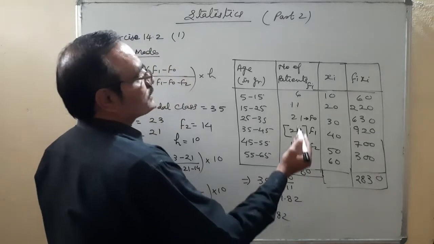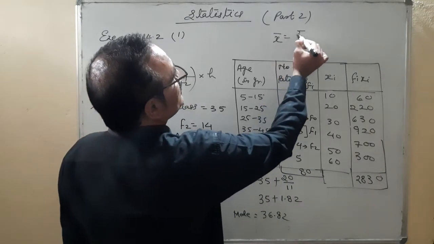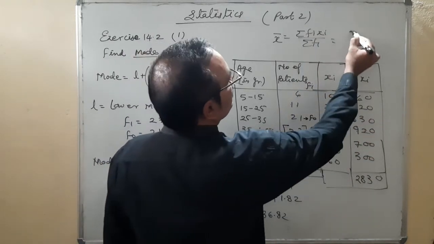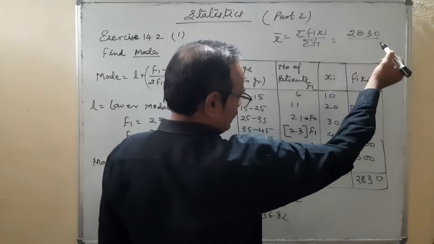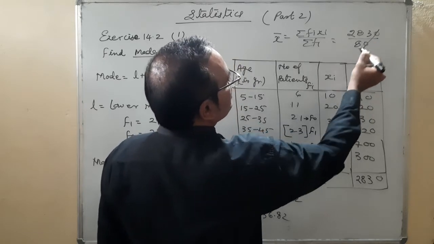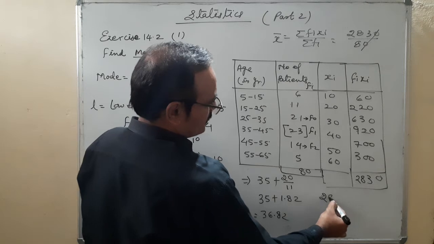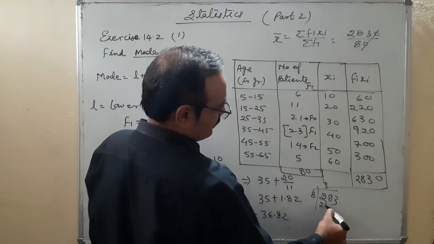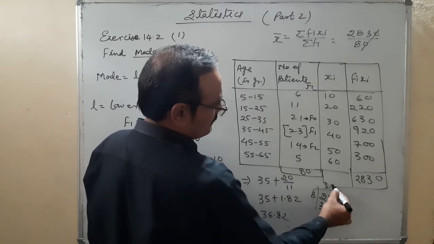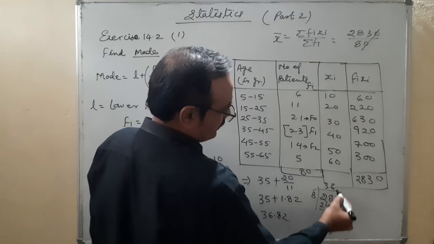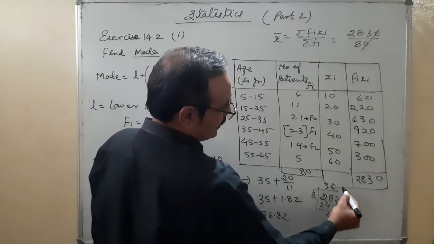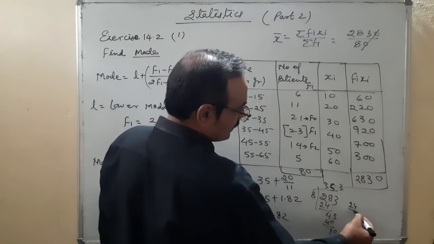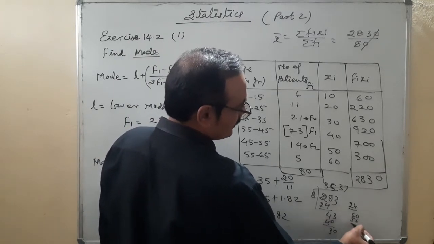Okay, and what is the formula for mean? Summation Fi Xi upon summation Fi. Fi Xi 2830 upon 80. 1 0 cancel and 283 divided by 8. 8 4 is 30, 8 3 is 24, 8 5 is 40, 8 7 is 56, 8 5 is 40.